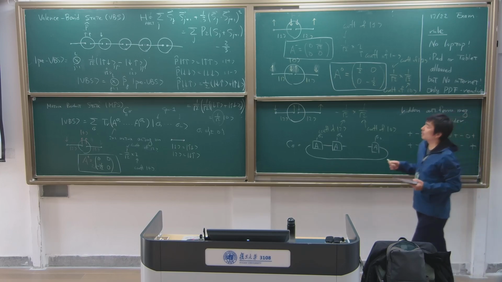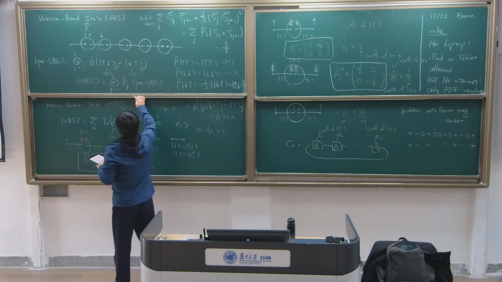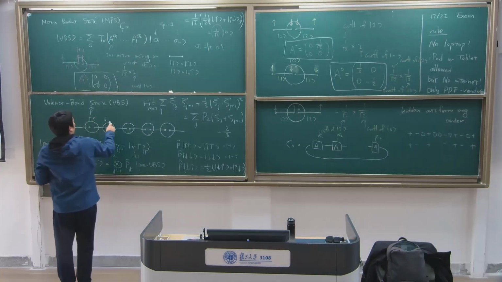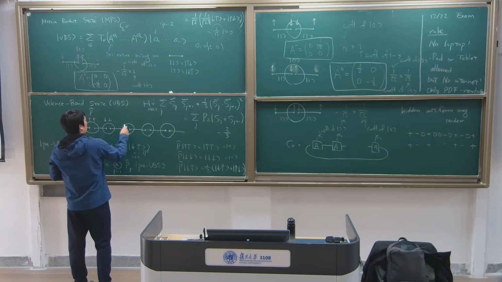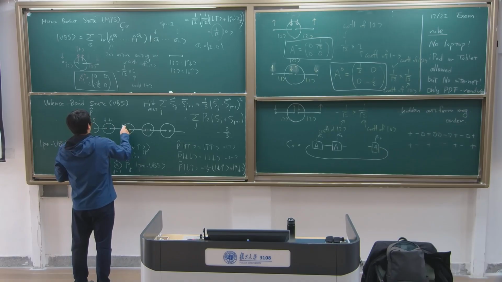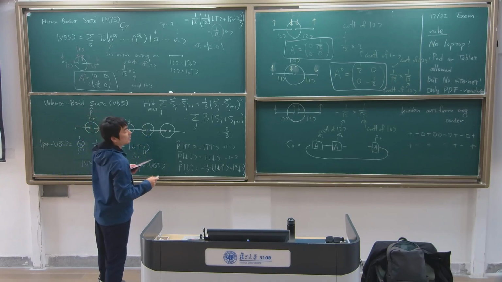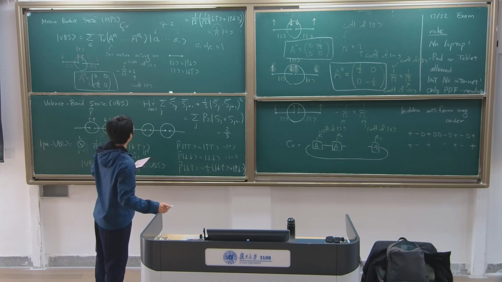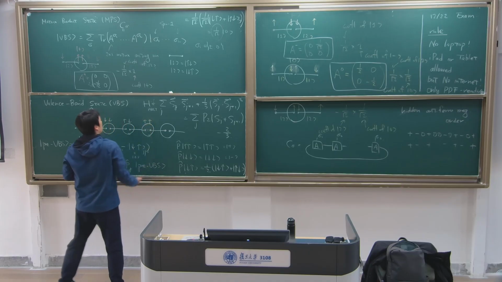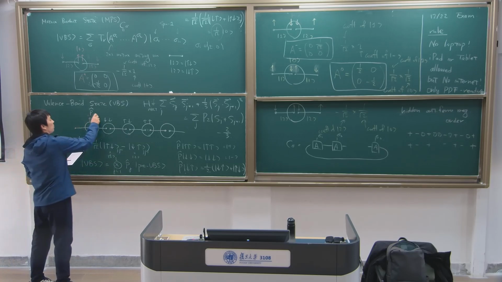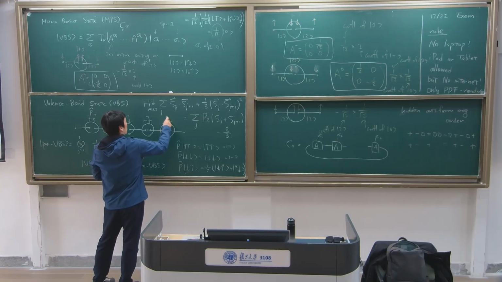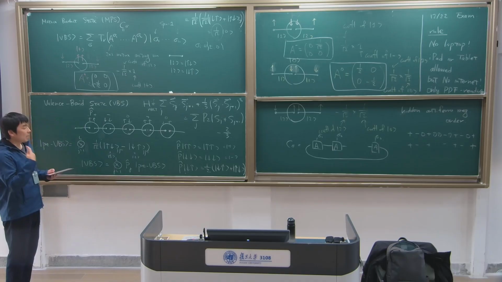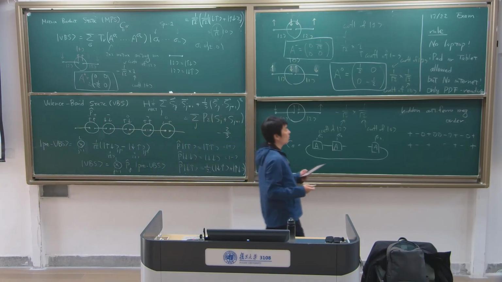That's because if you have plus and minus, the next is 0, and then the next is always plus, and so on. So you always have this hidden antiferromagnetic bond.